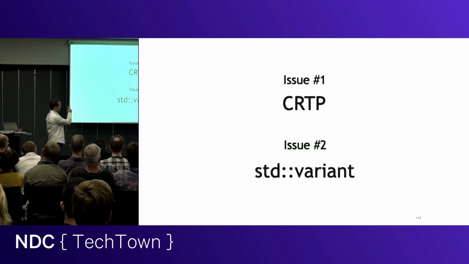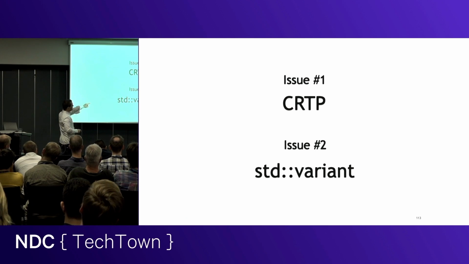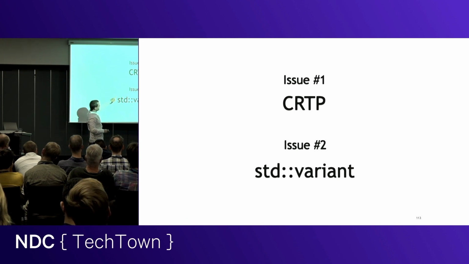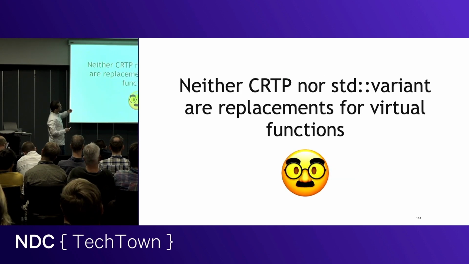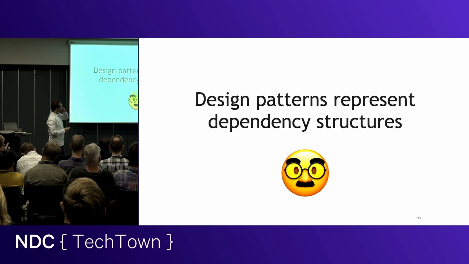Good. So, I've seen perhaps a common pattern between these two patterns. They're not good replacements of virtual functions. So neither CRTP nor std::variant are replacements for virtual functions. Generally, always think about design patterns as some dependency structure. This is what they are.